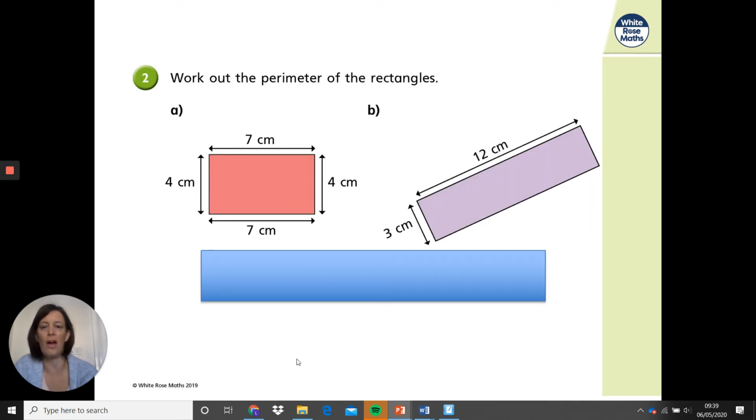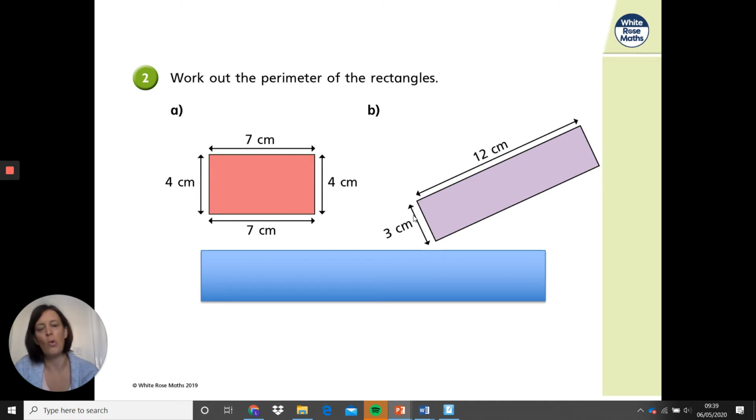Okay, so this time we haven't got the grid. So we're going to see if we can calculate the perimeter of these rectangles now when we're just told how long the sides are. So we're not counting the squares now, because we know that it's all the way around the outside, and we've got to count up. So we've got to count up 7, add 4, add another 7, add another 4 for this one.